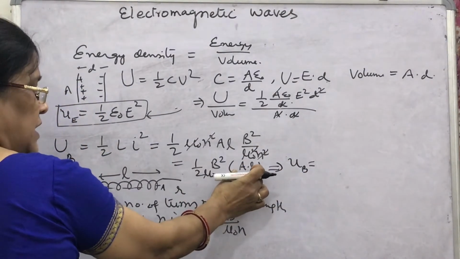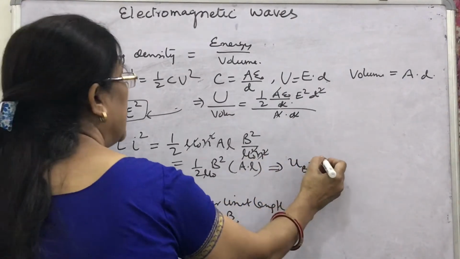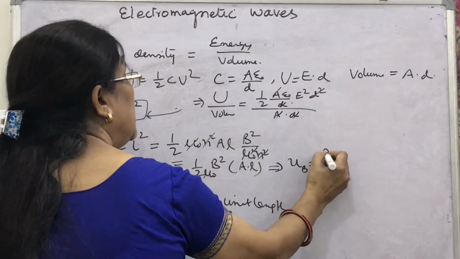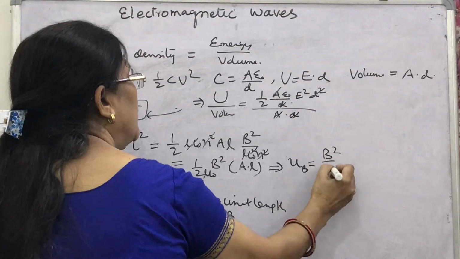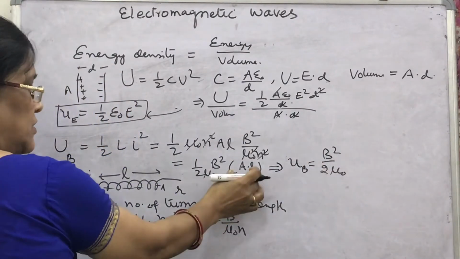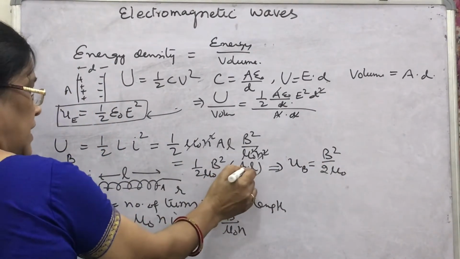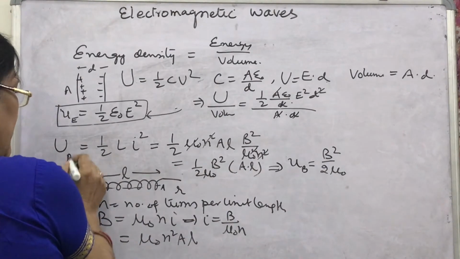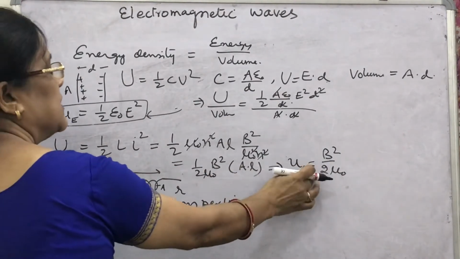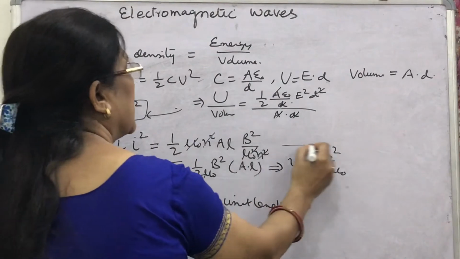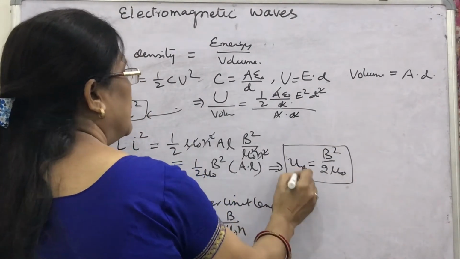Volume means this A L. Then what will you get here? This B square upon 2 mu naught. This is the volume. If you divide U_B by this A L, you will get this. So this is the magnetic energy per unit volume.